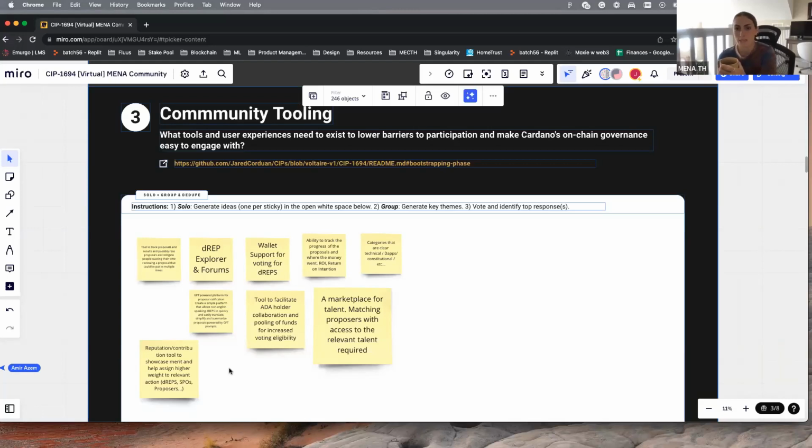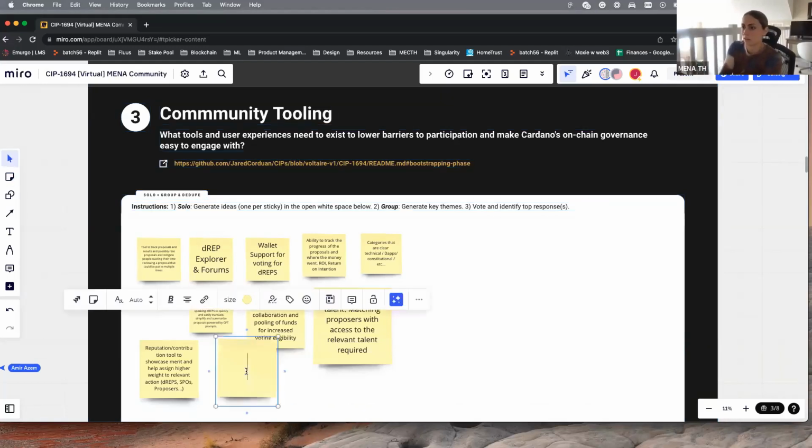This ties back to the same 1 ADA 1 vote issue, because there's big room for gaming, and you can really coerce things. How do we identify these DREPs? This could be a tool, but people are saying it should be baked into the design and not just a social layer. I'll just add it here.